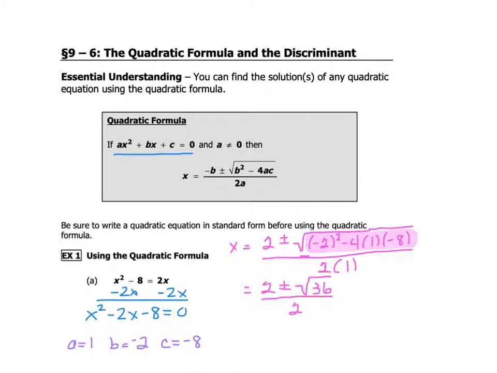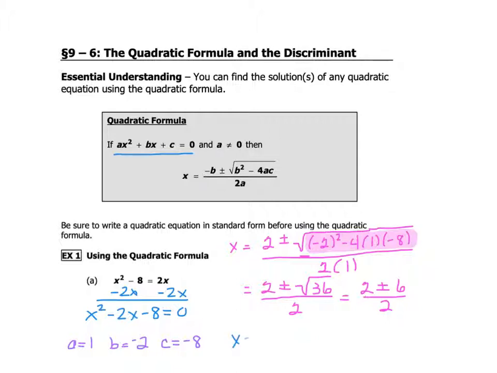Now I happen to know what the square root of 36 is. If you don't know, put it in your calculator to find it. If you get a decimal, round to 2 decimal places. But the square root of 36 is 6. So this gives me 2 plus or minus 6 all over 2. Now I'm going to have to calculate this twice, once with the plus and once with the minus.